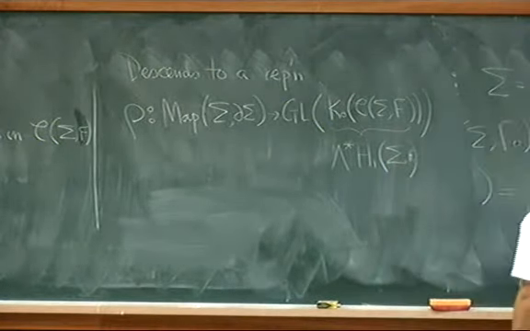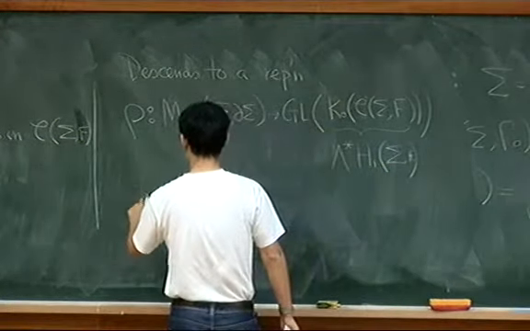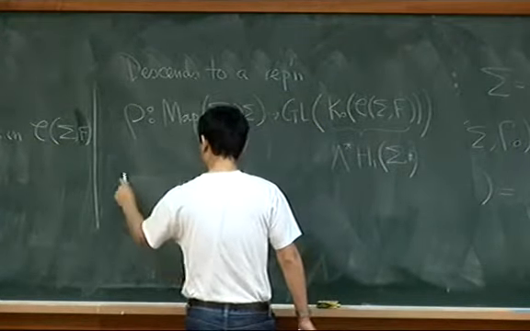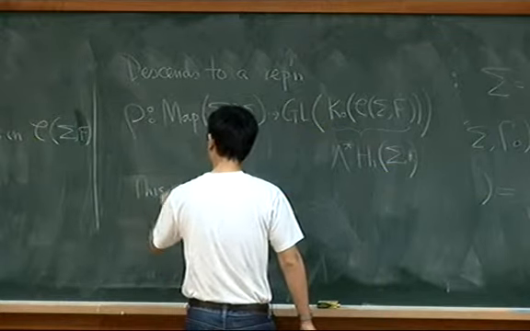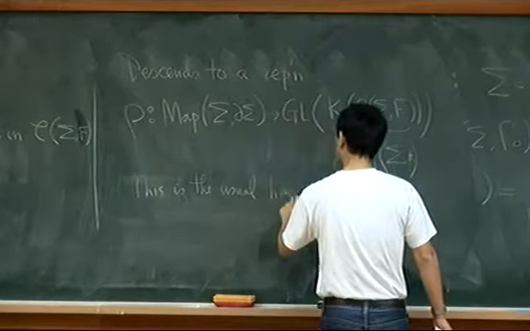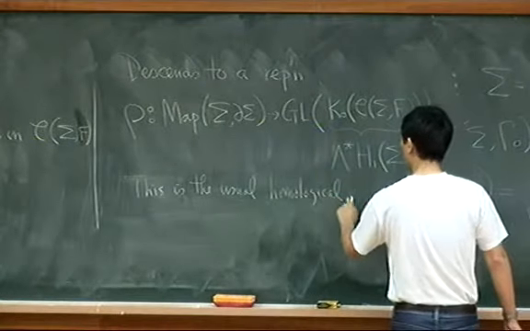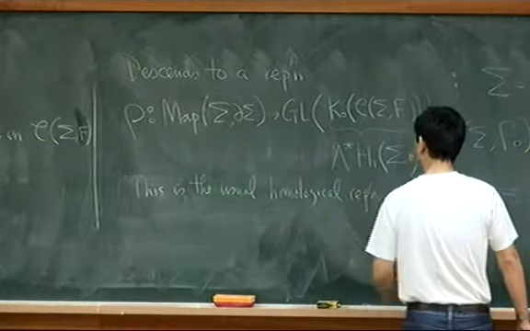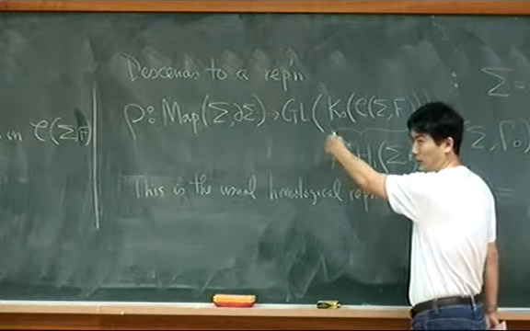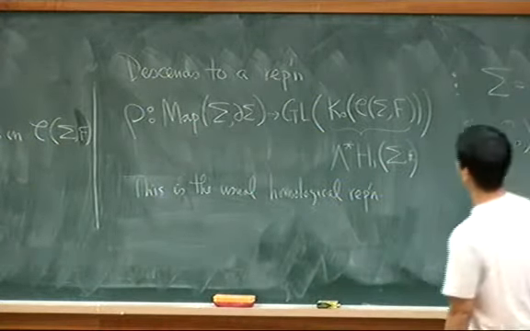Well, this is just the usual homological representation, the mapping class group acting on the homology of sigma. And the exterior algebra is just going from the usual representation to the exterior power version.